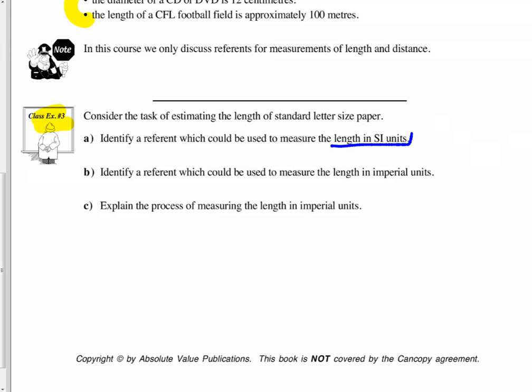First of all, is SI metric or imperial? Metric. Give me an example of metric units: centimeters, millimeters, meters. Which metric unit would you use to measure the length of a standard piece of paper, this paper right here?